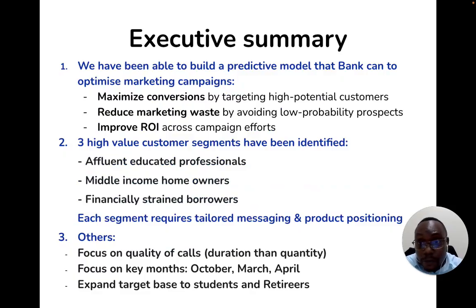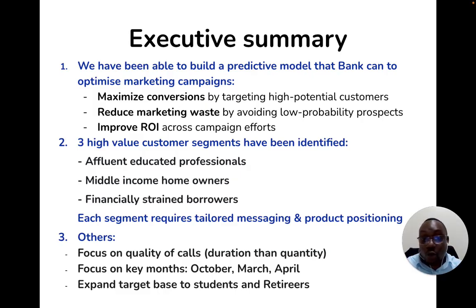So in summary, the bank now has a model that they can adopt for marketing campaigns. This model will help the bank to maximize conversions by targeting high potential customers, reduce marketing waste by avoiding low probability prospects, and improve return on investment across campaign efforts. 3 high-value customer segments have been identified: affluent educated professionals, middle-income homeowners, and financially strained borrowers.